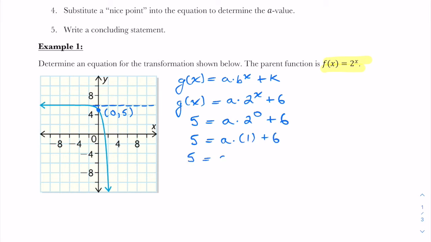Five equals a plus 6. And solving for a, we subtract 6 from both sides, and that gives -1 equals a. And we're done. Write a therefore statement.